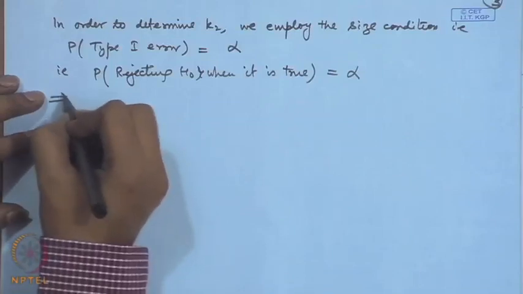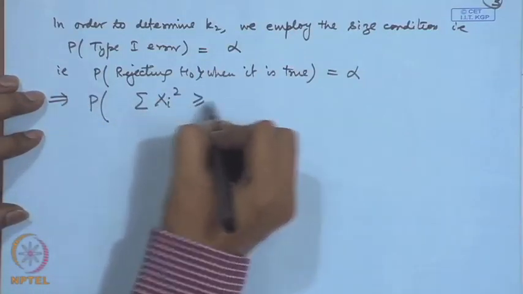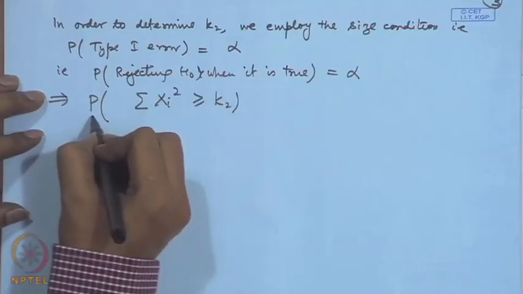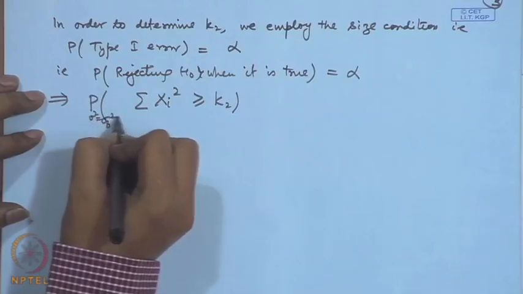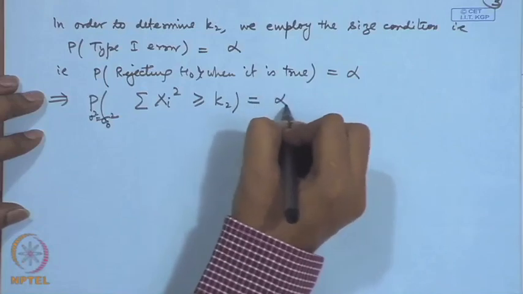Now, let us look at this. Here we are saying sigma x I square greater than or equal to k 2 when sigma square is equal to sigma naught square, this should be equal to alpha.